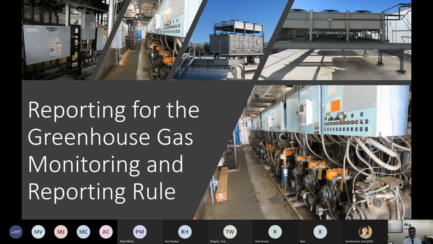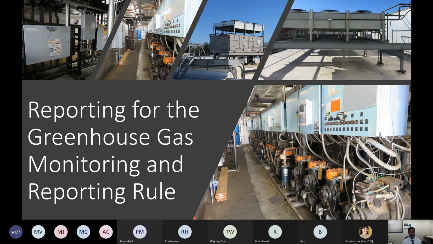So the high GWP is any refrigerant that's over 150 global warming potential. That means 150 times greater than the global warming potential of carbon dioxide. So that's how we would be looking at that list. It's going to be flexible, and we'll be adding to it as we learn of more refrigerants that come onto the market.